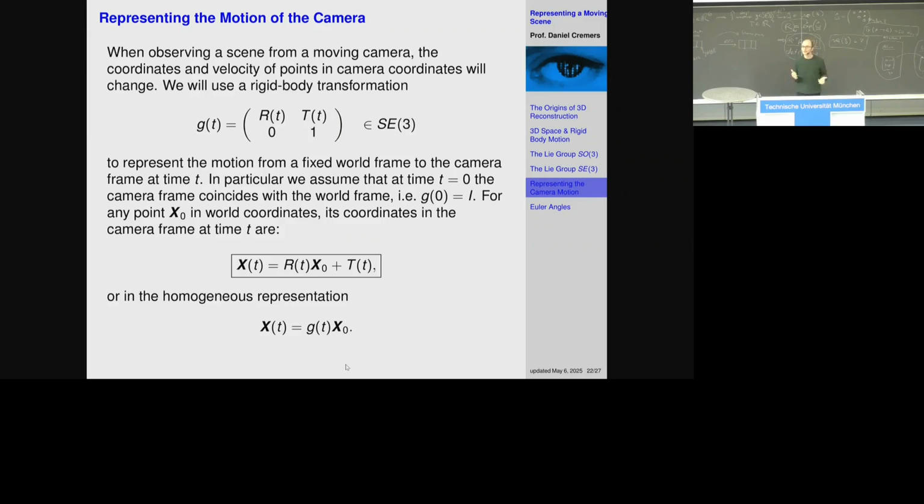Now you might wonder, well, how do I know which one I'm looking at? It's very easy. If you have a little g here, this is a rigid body motion, a 4x4 matrix, then whatever it multiplies must be a 4D vector, otherwise it doesn't make sense, right? So it's actually not difficult to see whether the x0 that you're looking at is a 3D vector, like up here, or a 4D vector. If it's multiplied by a rotation matrix, it must be a 3D vector, because rotations are 3D rotations.